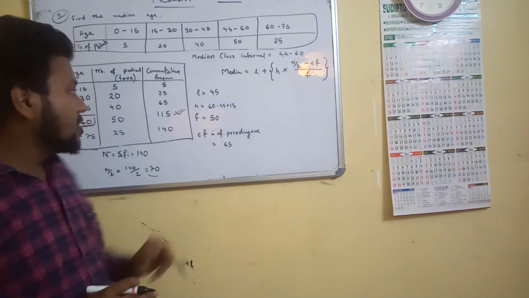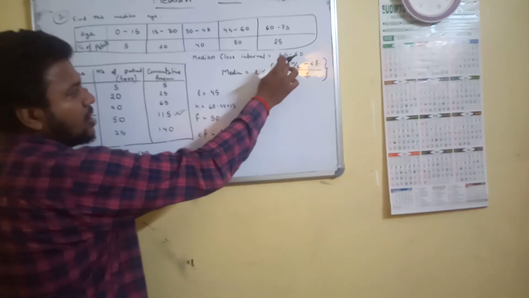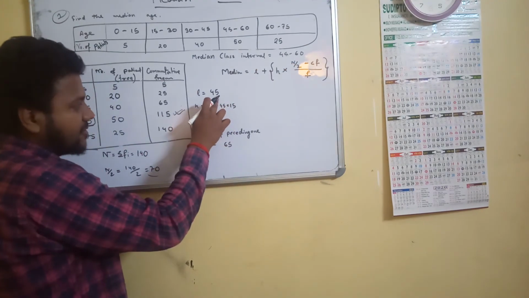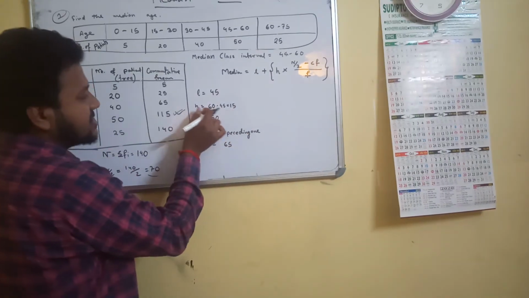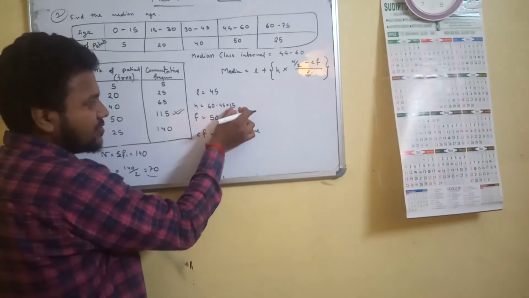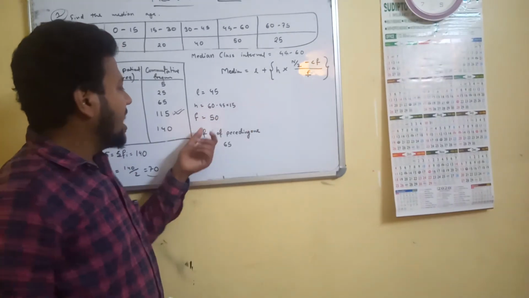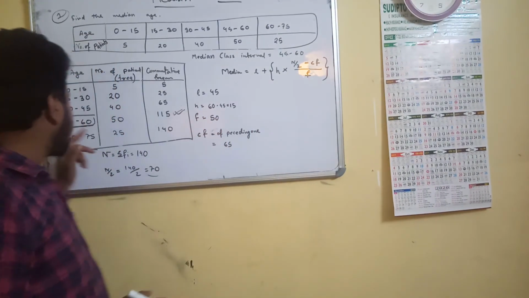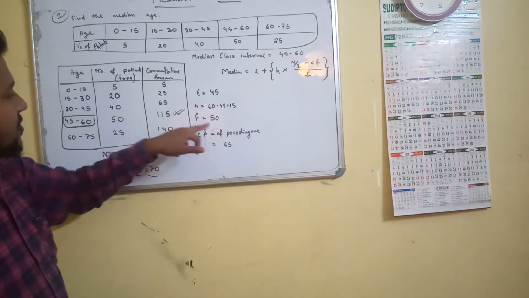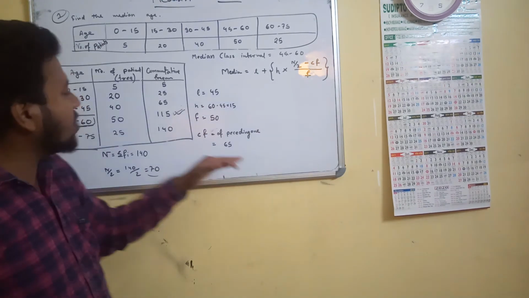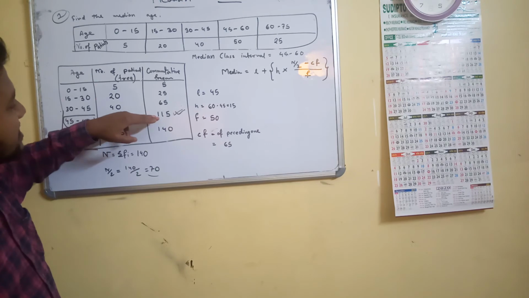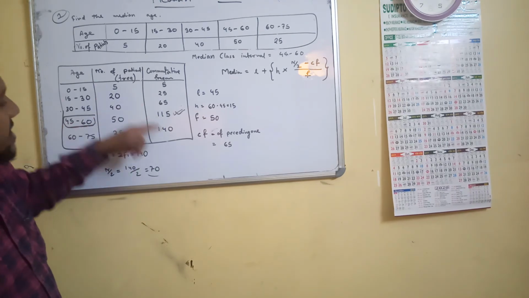H is the difference between the class limits, 60 minus 45, which is 15. F is the frequency of that class, which is 50, and CF of the preceding class is 65.